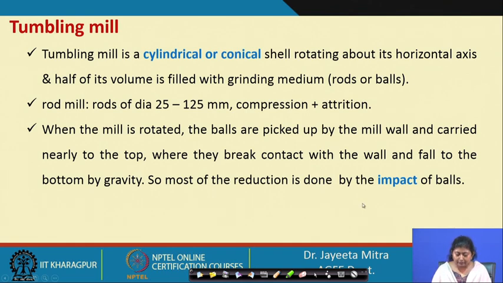So, the rod mill and ball mill that we have seen. In the case of the rod mill, we have seen compression and attrition, and when we use the ball mill, we get the impact force along with the attrition effect.